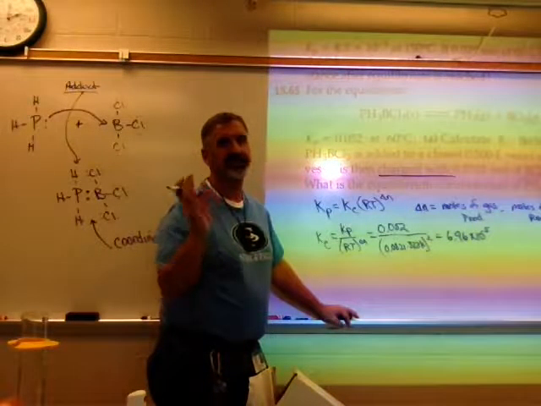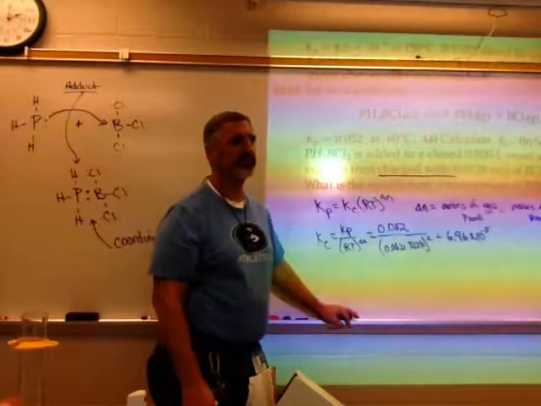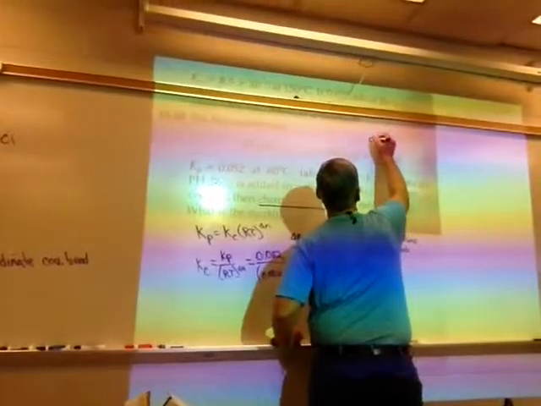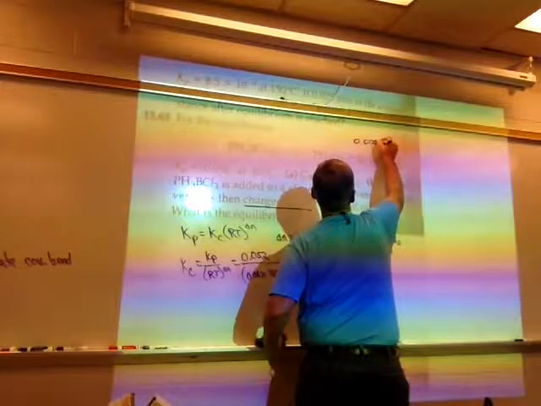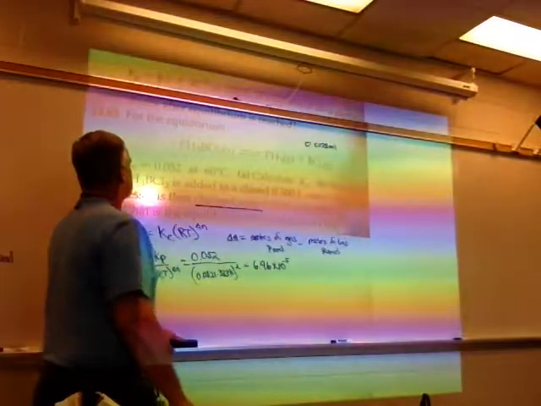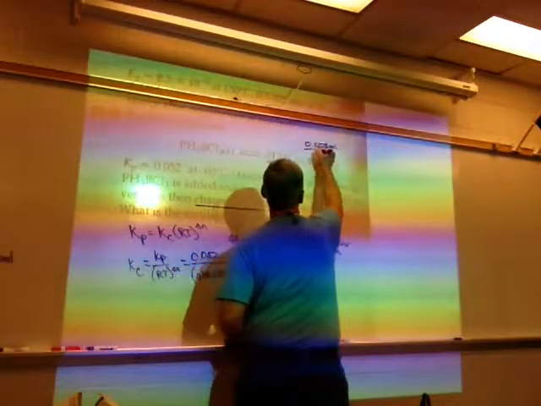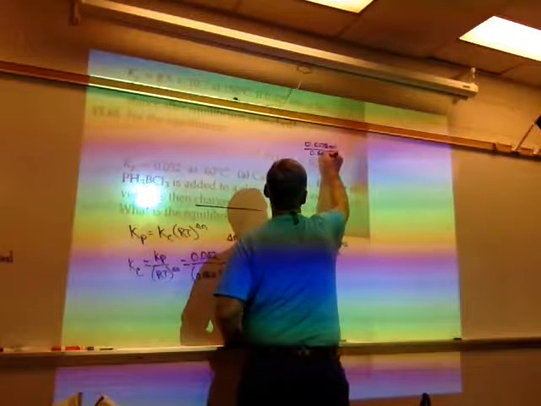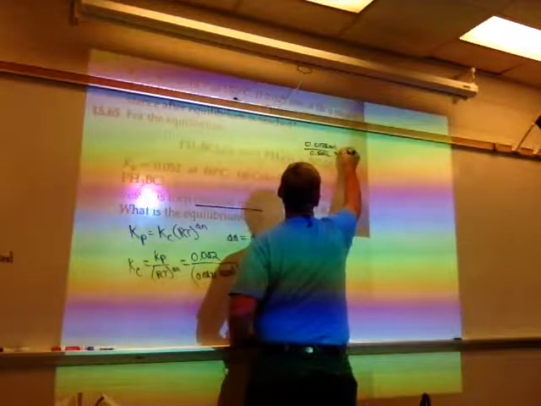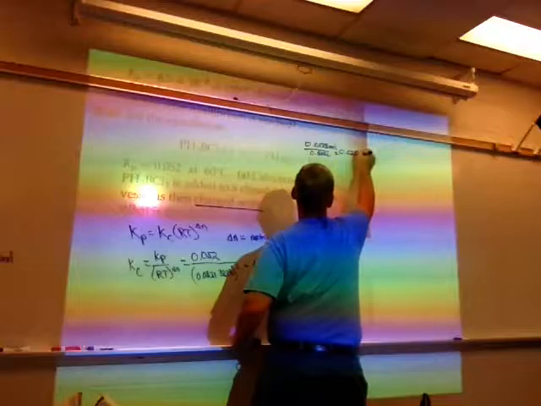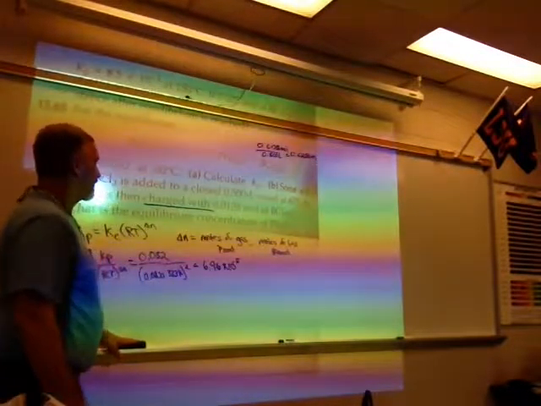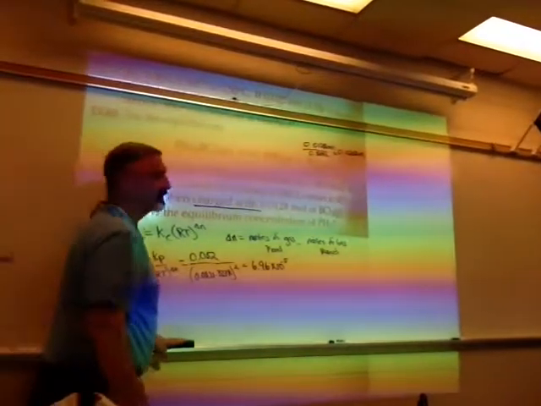In other words, they just blew it in there somehow. 0.0128 moles in what volume? 0.5 liters. So that's dividing by a half, multiplying by 2, so this is going to be 0.0256 molar.